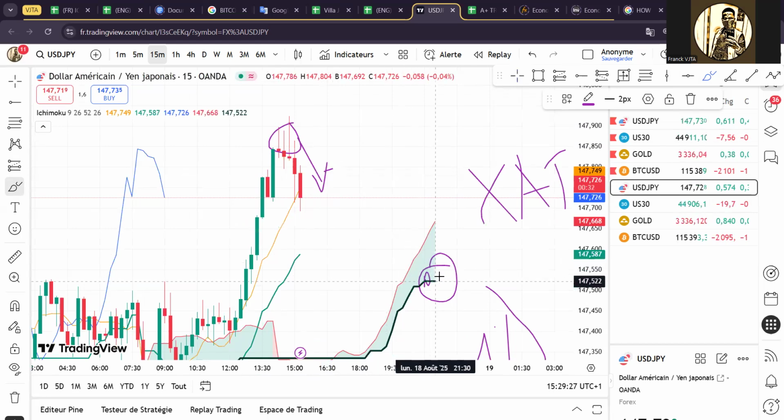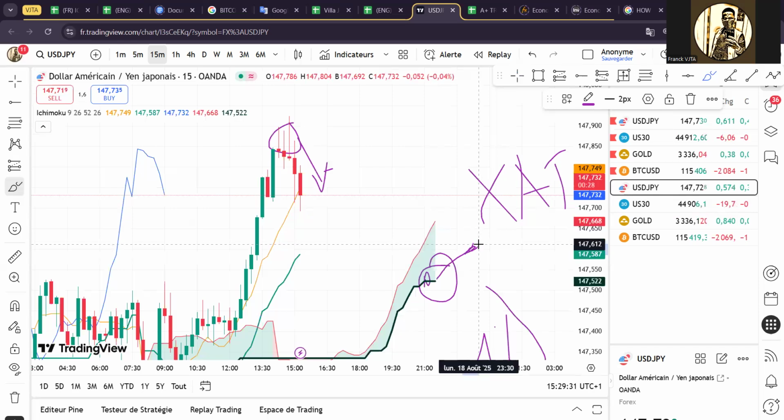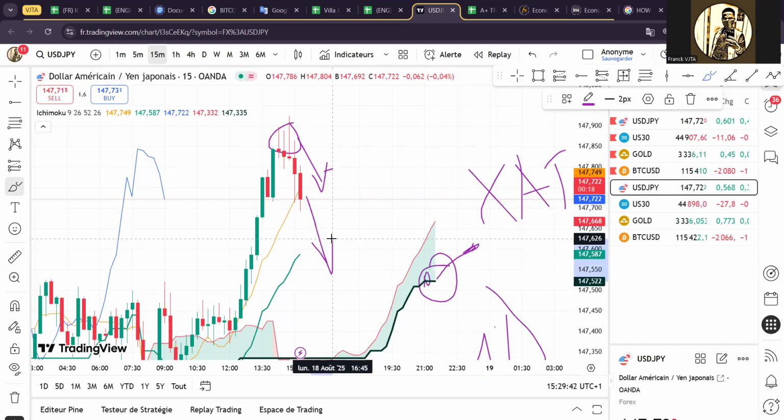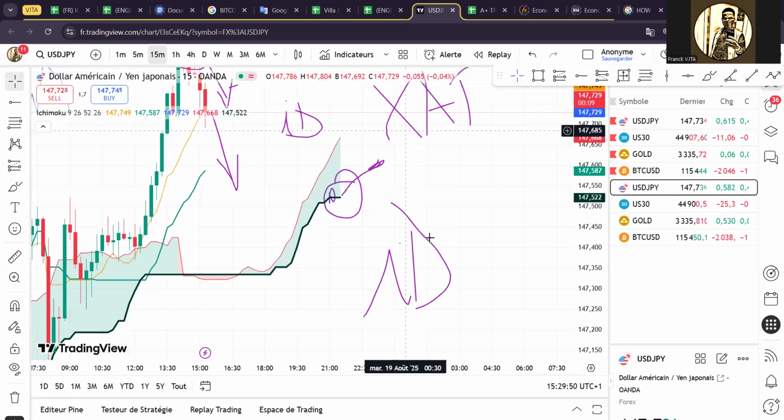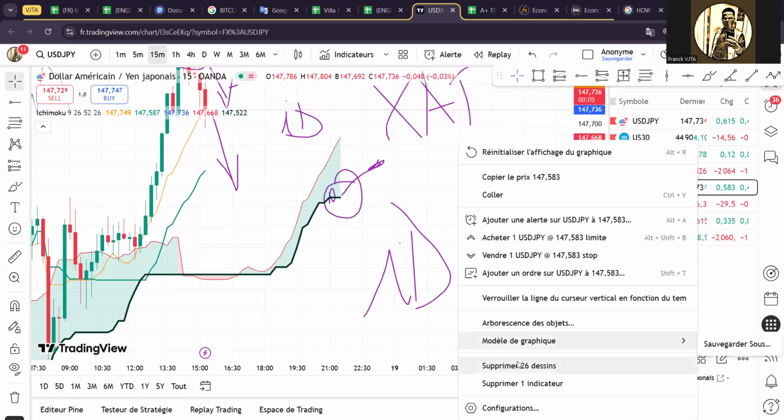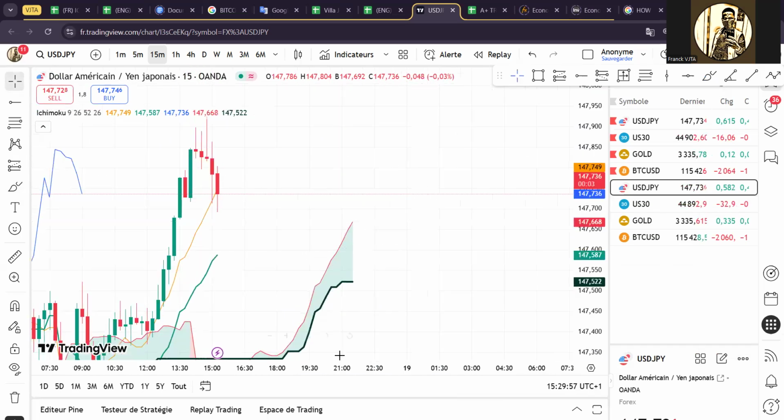But other times you will see that SSB will still be inclined to the upside, but the price will go down. What does that mean? That means that the instant direction is not given by the actual trend. So don't confuse them. That's the first thing I wanted to make sure you understand.